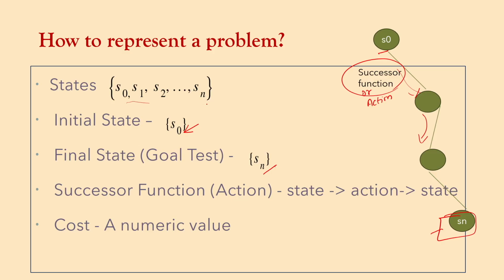So, the total number of states, initial state, final state and action. If we are able to represent a problem in this fashion, then it becomes easier to put it into an AI perspective, in the first level where we started off with searches.